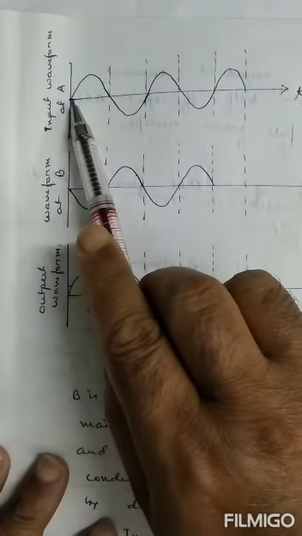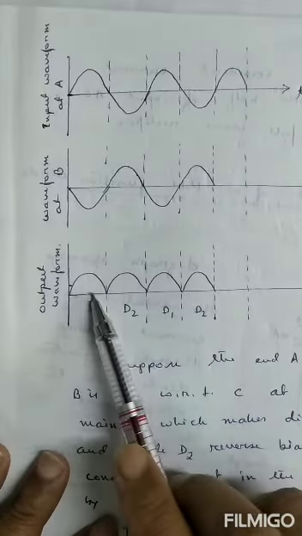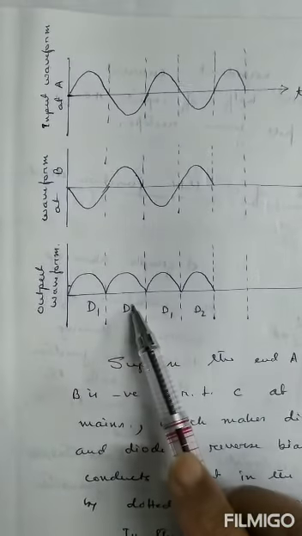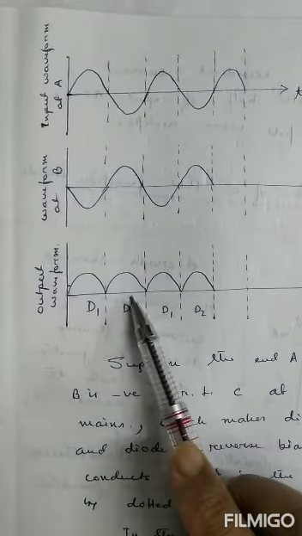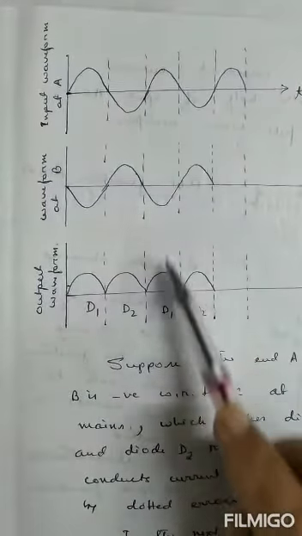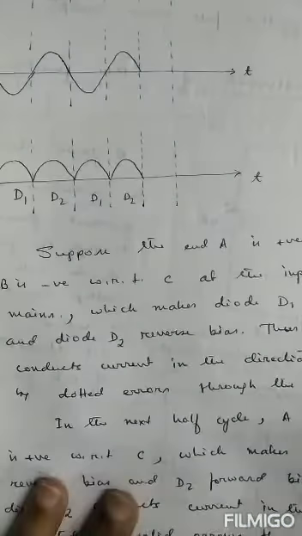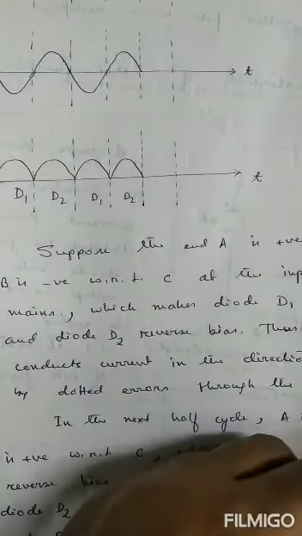When terminal A is positive and B is negative, diode D1 is forward biased. When A is negative and B is positive, diode D2 is forward biased. Okay? So the explanation is here.